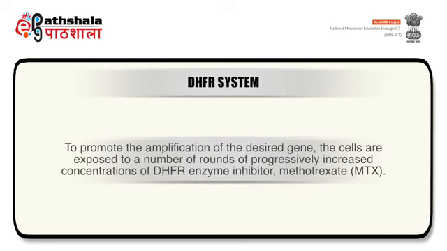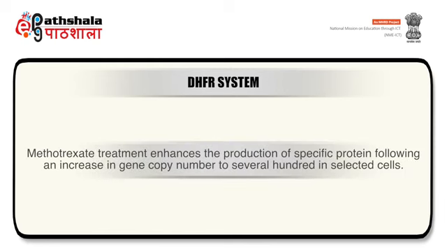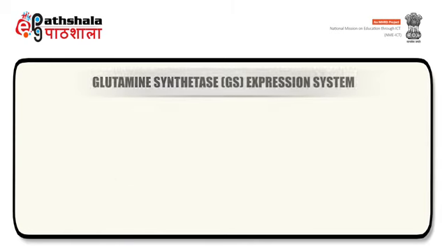To promote the amplification of the desired gene, the cells are exposed to a number of rounds of progressively increased concentrations of the DHFR enzyme inhibitor, methotrexate. Methotrexate treatment enhances the production of a specific protein following an increase in gene copy number to several hundred in selected cells.